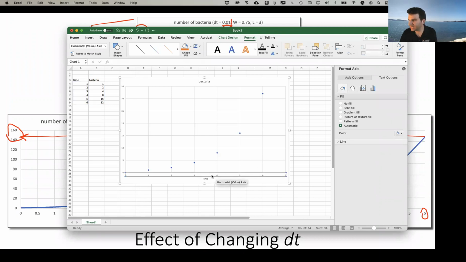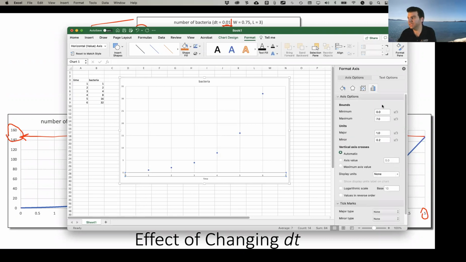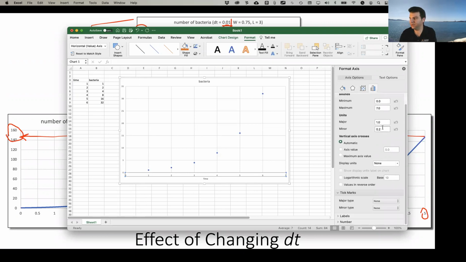If I click on the actual ticks here, then it gives me, under this little thing that looks like a bar chart, the option to change what my minimum and maximum is, my major and minor units. On the ticks, it tells me whether I want tick marks and where I want the tick marks.